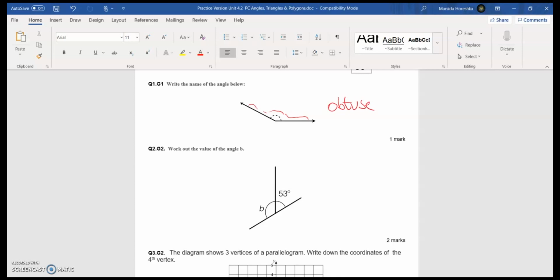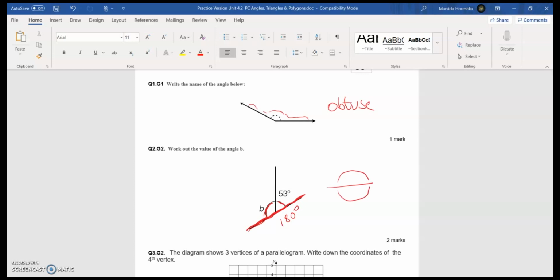The next question is asking to work out the value of angle B. So we have this angle that we need to work out. We already know that this is 53. Now both of them are angles on a straight line, and we know that a straight line is 180 degrees. So it's half of a full circle.